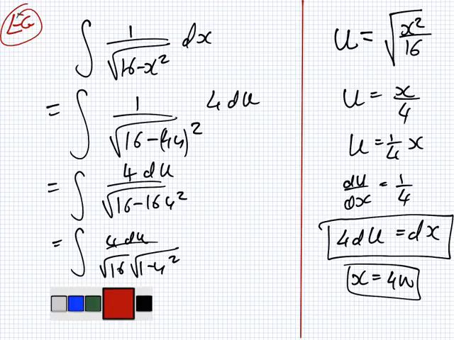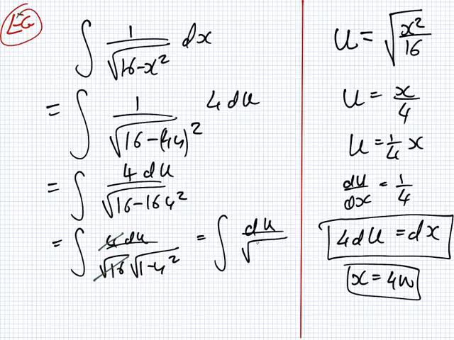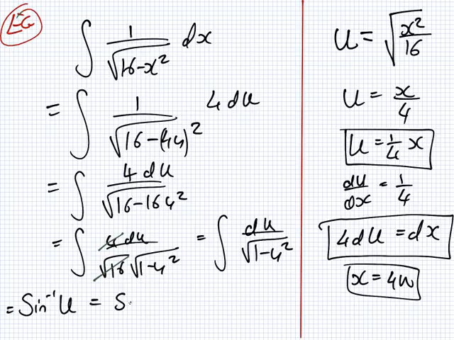But root 16 is 4, and 4 cancels 4. So you're left with du over root 1 minus u squared, which is perfect because you have a rule for that. It's sine inverse u, and we know what the u is. So that's sine inverse x over 4 plus c, and that's the answer.